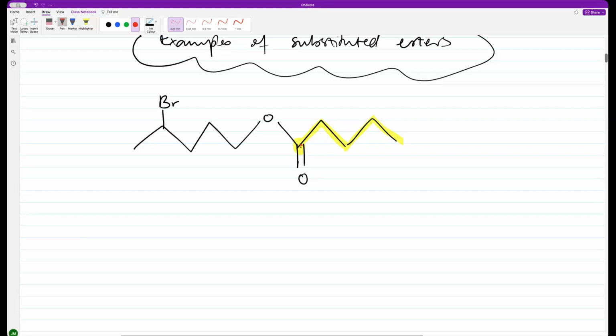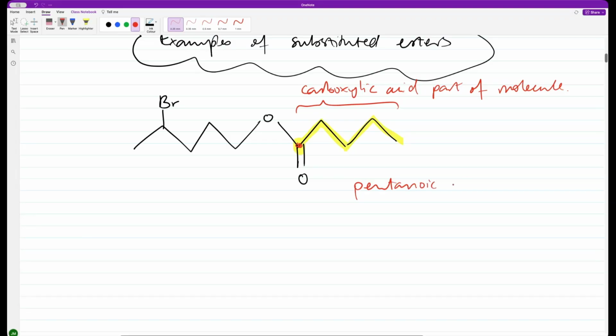And remember, the carbon double bond O is the carboxylic acid side. This is the carboxylic acid part of the molecule. Okay, so this carboxylic acid part must have originated from a pent, 5 carbons, right? So a pentanoic acid.